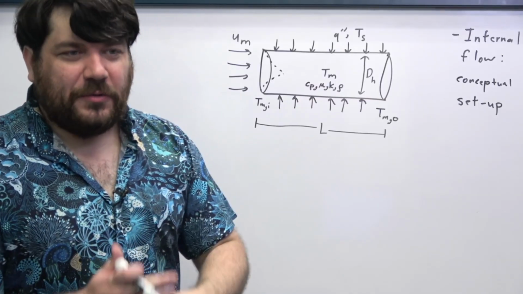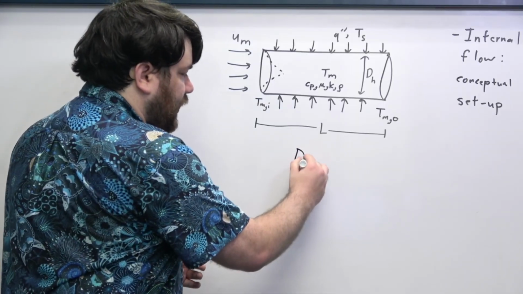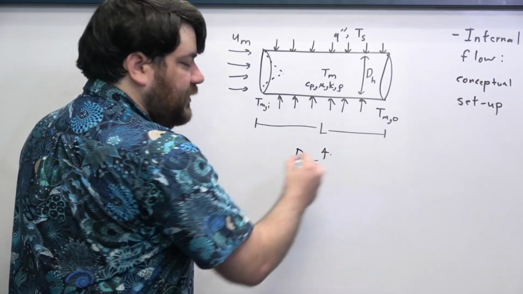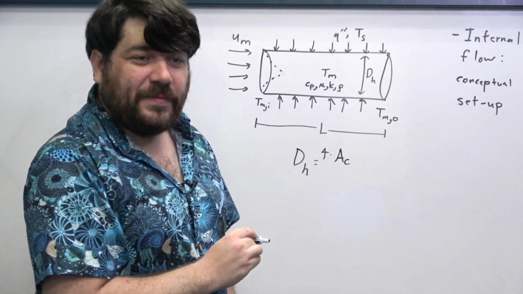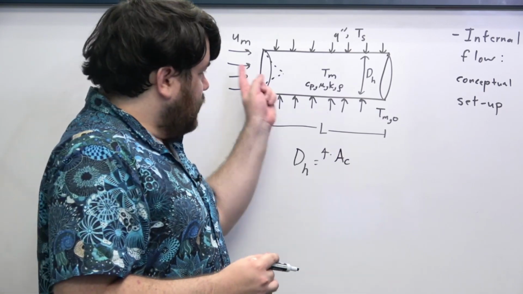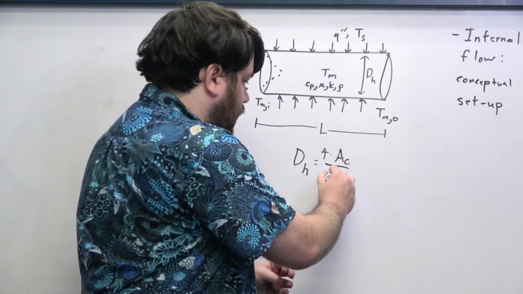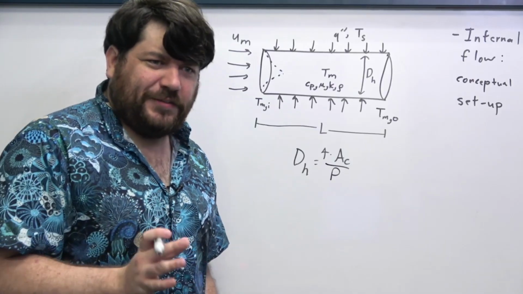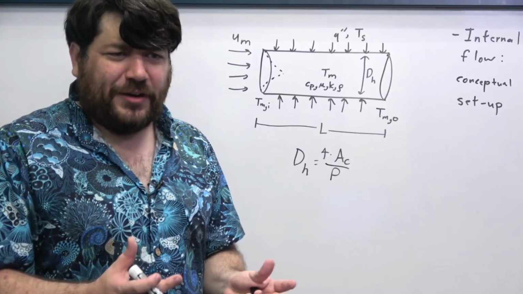When we actually start to establish our workflow, we can define this hydraulic diameter as being 4 times the cross-sectional area of the duct divided by its perimeter. Okay, so just to give you a sense, right, this object has a cross-sectional area.